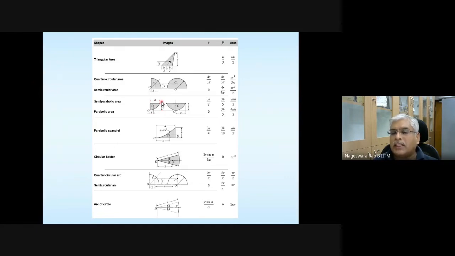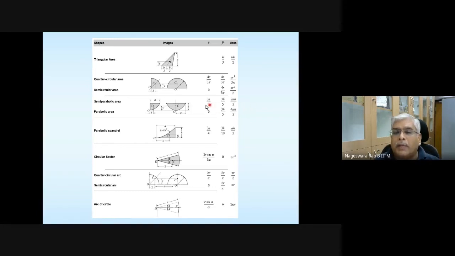If this dimension is A and this dimension is H, the CG is going to be located along the horizontal axis at 3A divided by 8, and along the vertical axis from the bottom at 3H divided by 5, and the area of this semi-parabolic shape is 2AH divided by 3.